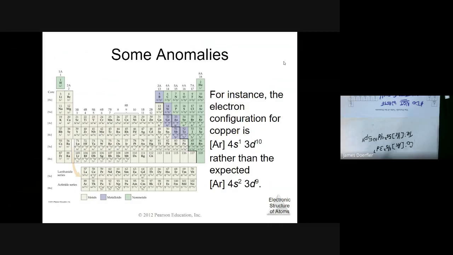If we look at copper, copper is right here. Normally we would think this would be 4s2, 3d8. But actually, that's supposed to be, I can't tell if that says 8 or not. No, sorry, 9, 3d9. But its actual configuration is 4s1, 3d10.